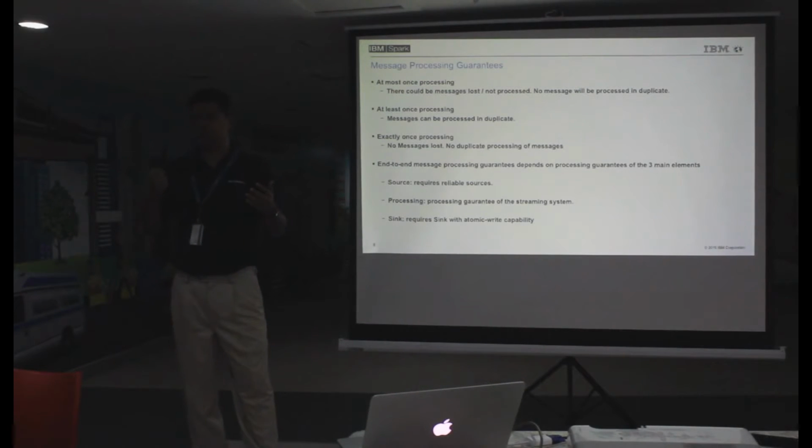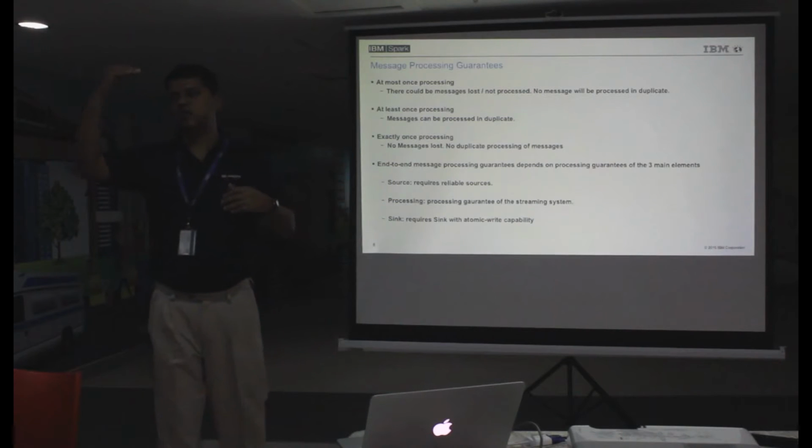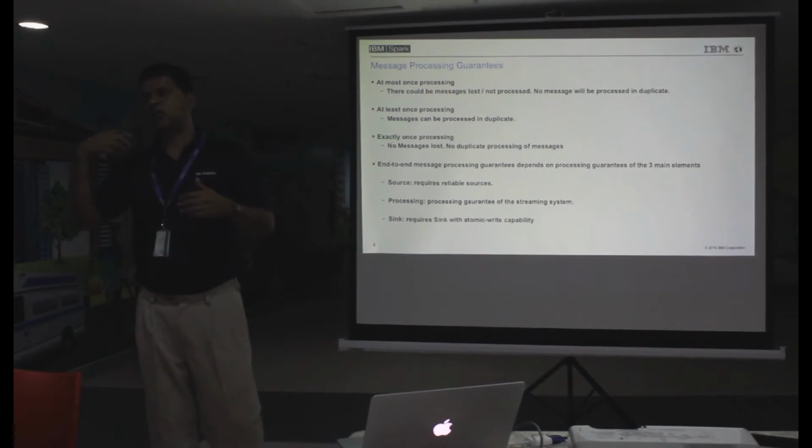But if you have a source by which I can go back and say, replay that data to me, then I have a reliable and durable source. So if I put that data from Twitter into Kafka, with Kafka you have that reliability. Each message that comes in is assigned an offset, and when I'm receiving it, I know what offset it is.